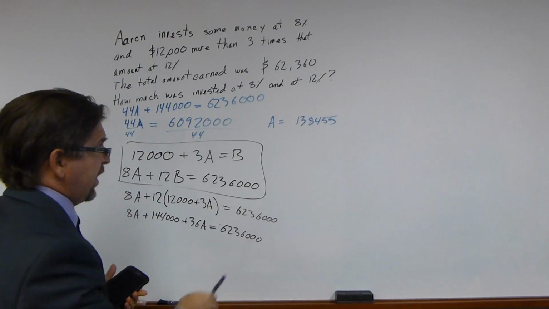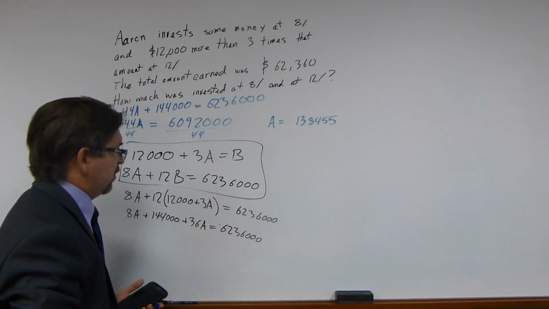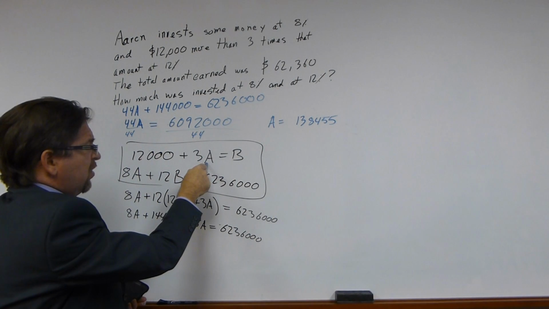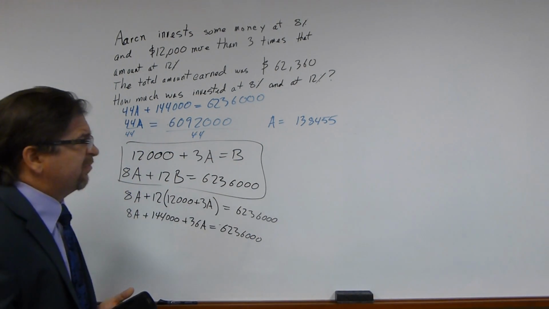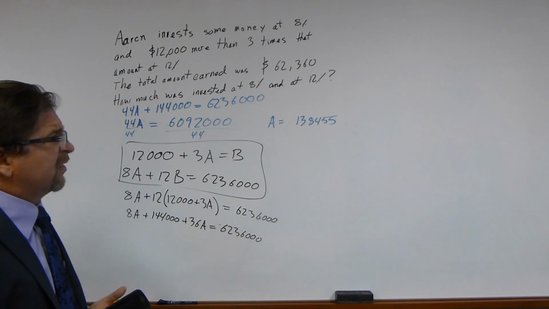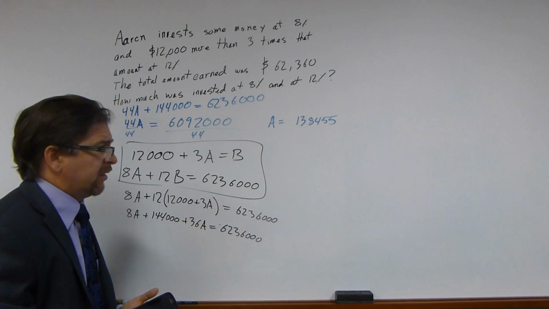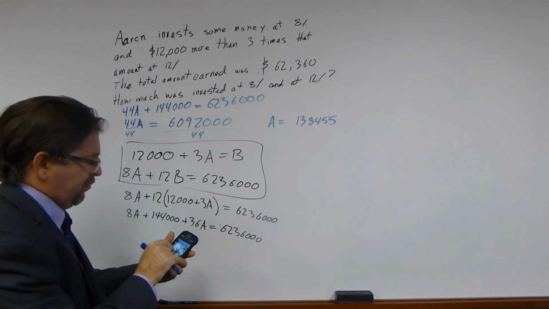Okay, now we have A. This is relatively straightforward. We already have the equation to get B: just plug A in, 3 times that amount, plus 12,000, gives us B. We can do that. So, let's take the number we just got.